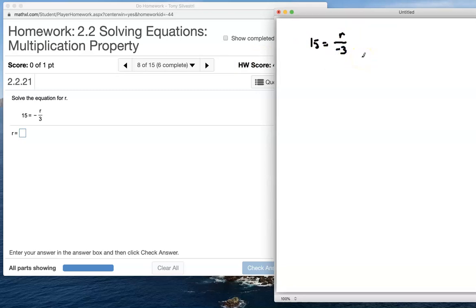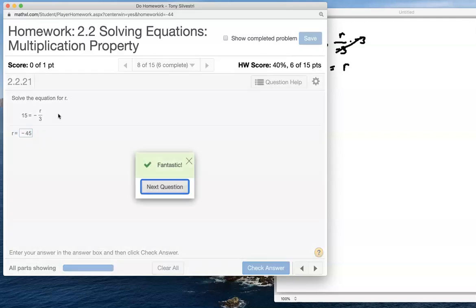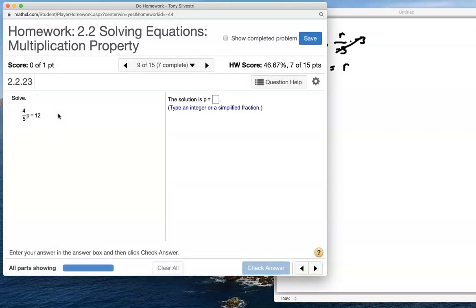It's the same value, because now you can say, hey, r is being divided by -3. To get rid of the -3, I'm going to multiply both sides by -3. The -3's would cancel. That's the versatility of moving that negative sign to the middle, top, or bottom. In this case, moving it to the bottom would give me -45 as the answer.